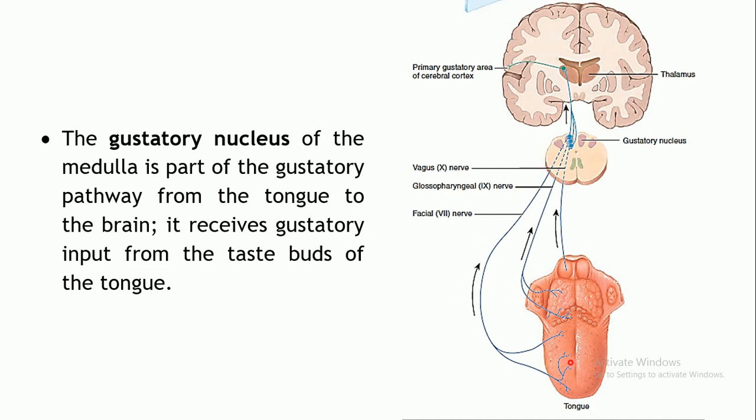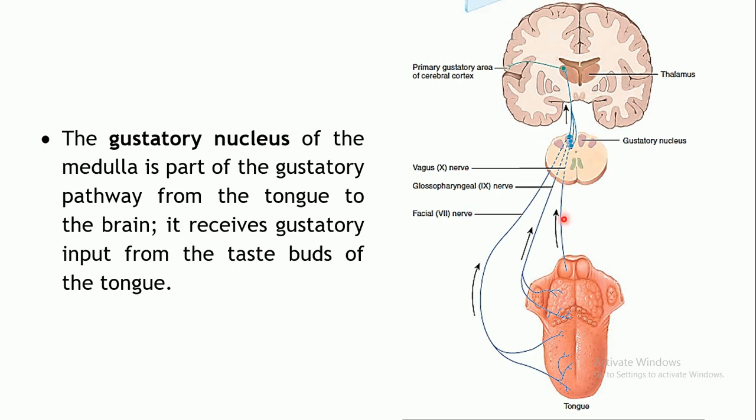So here, as you can see, the impulses received from the receptors present on the tongue, in the oral cavity, are ascending towards the gustatory nucleus. These neurons synapse at this particular nucleus through these three cranial nerves: the vagus nerve, the 10th cranial nerve, the glossopharyngeal nerve, the 9th cranial nerve, and the facial nerve, the 7th cranial nerve.